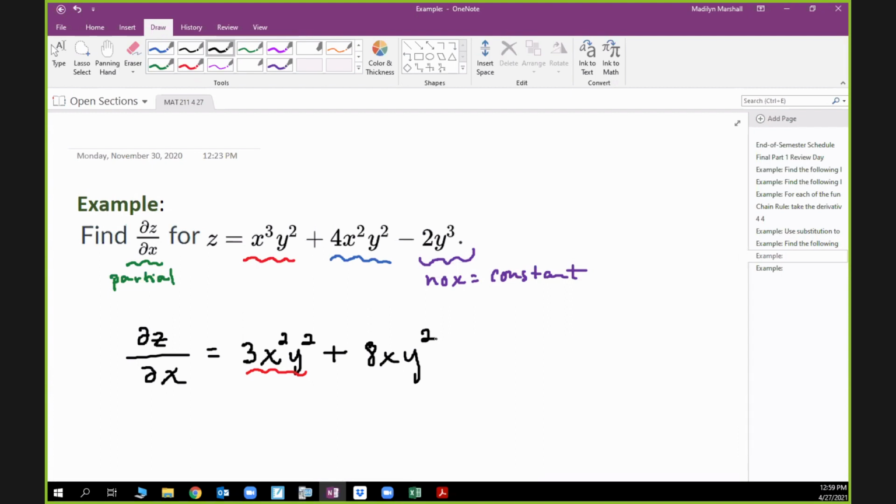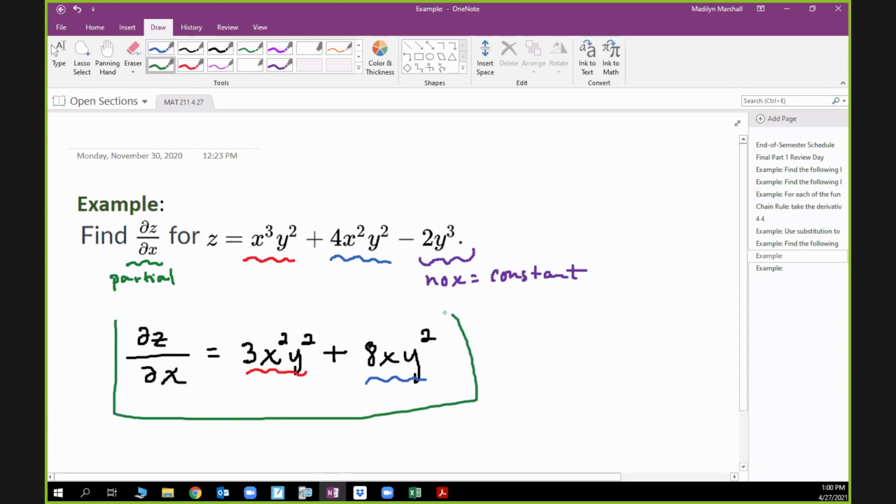But the 4 gets to multiply with the 2 that comes down, and the exponent of the x drops. So nothing happens with those y's. And that minus 2y cubed doesn't do anything because it's just a constant when we're focusing on x. And that is our whole answer.